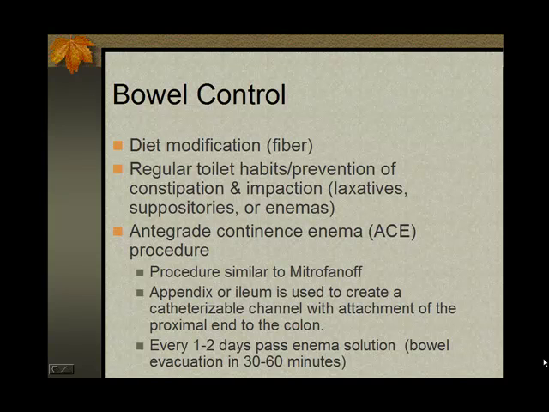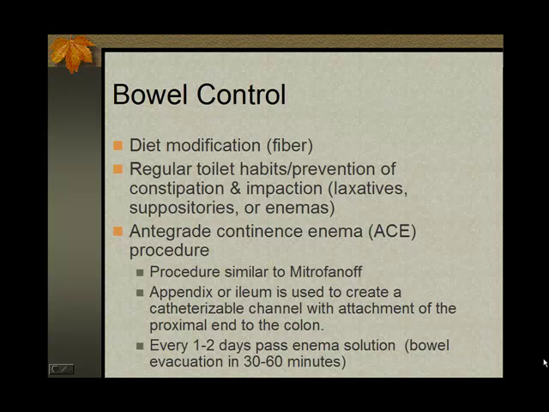And similar to the Mitrofanov, there's an antegrade continence enema that we'll do on some of these kids. And they'll take the appendix or right there at the ileum, and they'll create a catheterizable channel to the proximal end of the colon. So every day or two, depending on what their bowel habits seem to be, they give themselves an enema, but again, it's easy to get to.